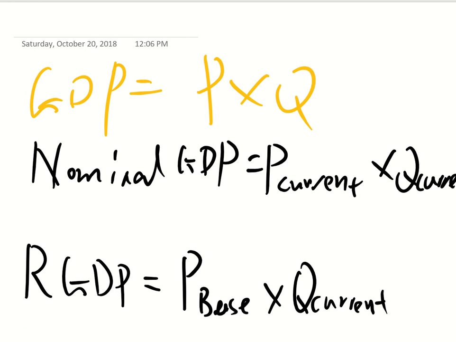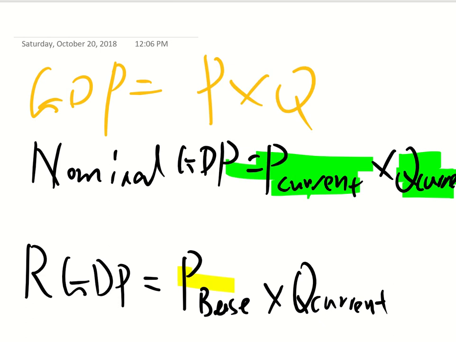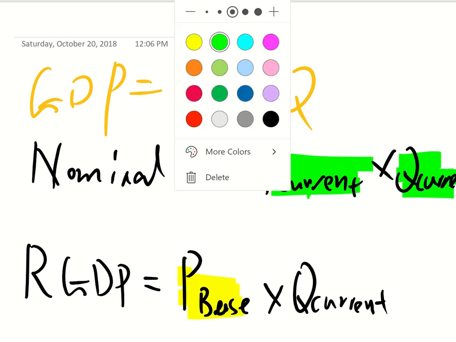Okay, so the difference is that for nominal GDP, both the price and the quantity can change. So if your price changes, your nominal GDP will increase. If your quantity changes, your nominal GDP will increase. But for real GDP, the price is base year, so price will never change. It's always fixed, but your quantity is flexible.